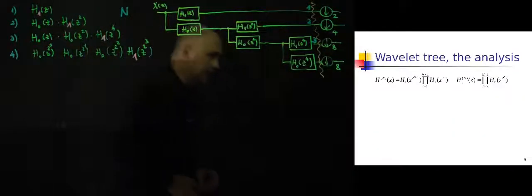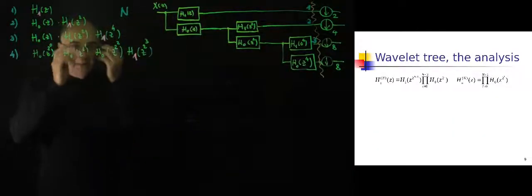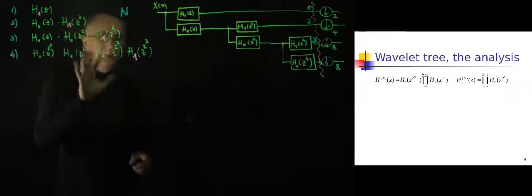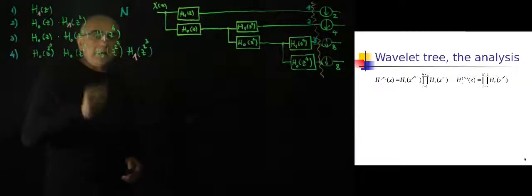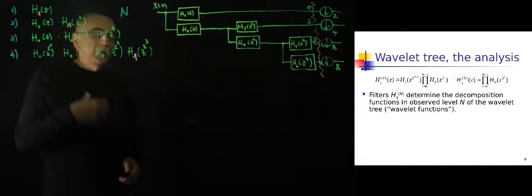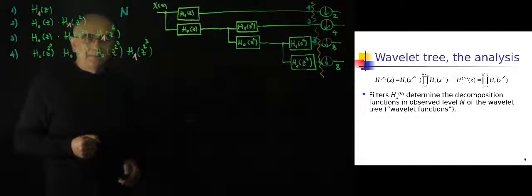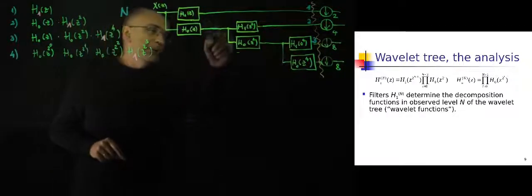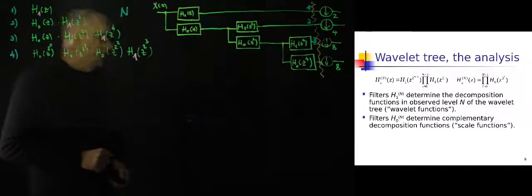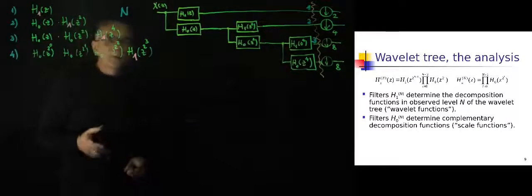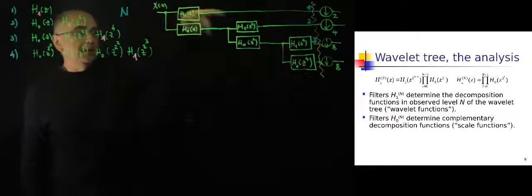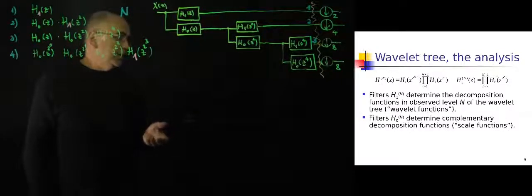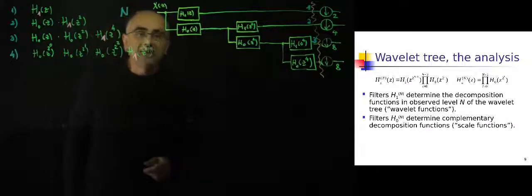Somehow this product of functions will correspond to something that we call the wavelet function. And if we are talking just about the other branch, the low pass branch, in that case we are going to talk about some complementary decomposition function that is called the scale function.